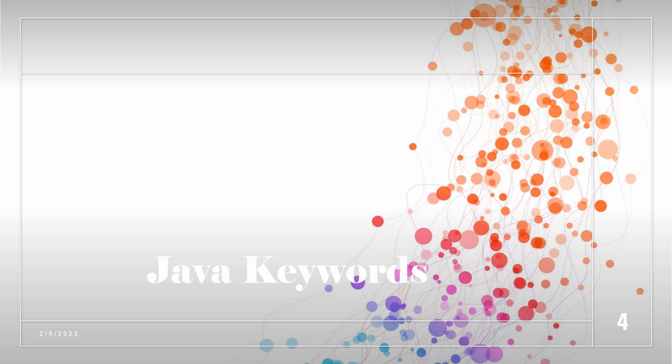Return. Finish the execution of a method, and can be used to return a value from a method. Short. A data type that can store whole numbers from -32768 to 32767. Static.